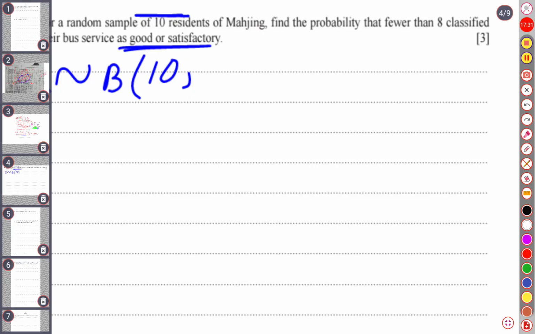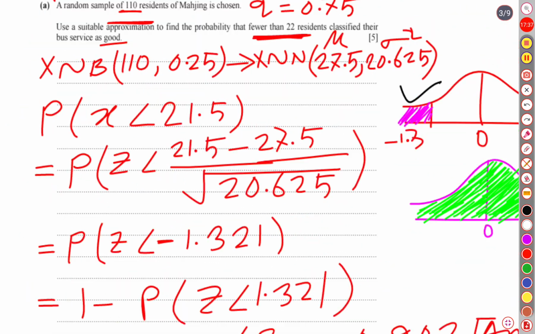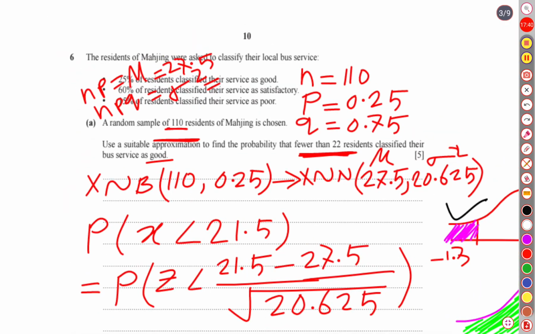Let us see how much was the probability of good or satisfactory. For good it was how much? Yes, this was the question. Let me erase this part. If we erase this, we will get for good 25%, meaning 0.25, and for satisfactory the probability is 60%.